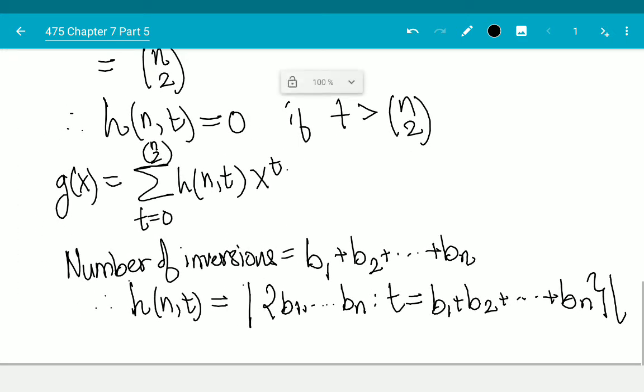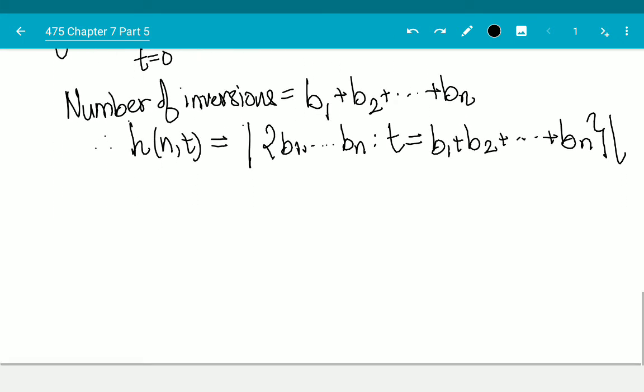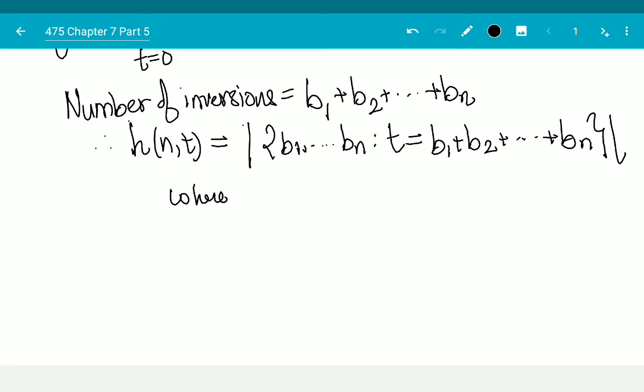But what is the special property about these inversion sequences? When I write these b1 to bn like this, where b1 to bn is an inversion sequence, right?